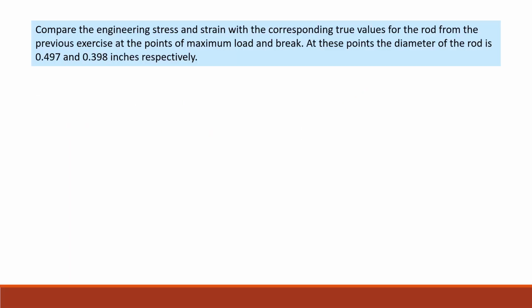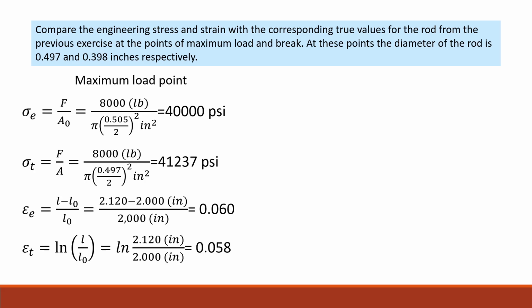So we are going to compare, in this small exercise, the engineering stress and strain with the corresponding true values for the aluminum rod we had. So this is the maximum load point, and we can calculate this from the data in the table.